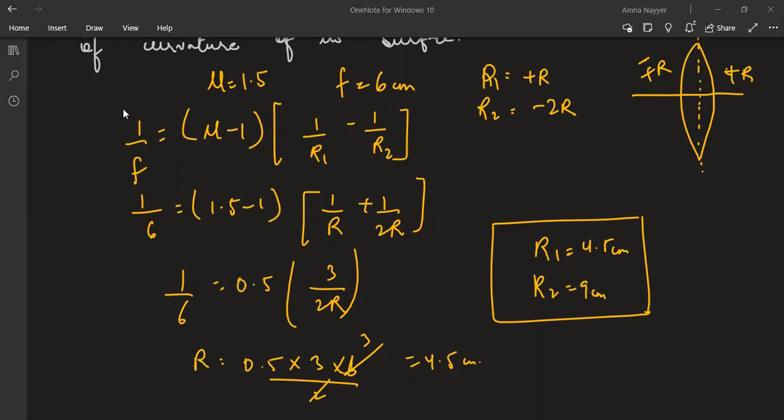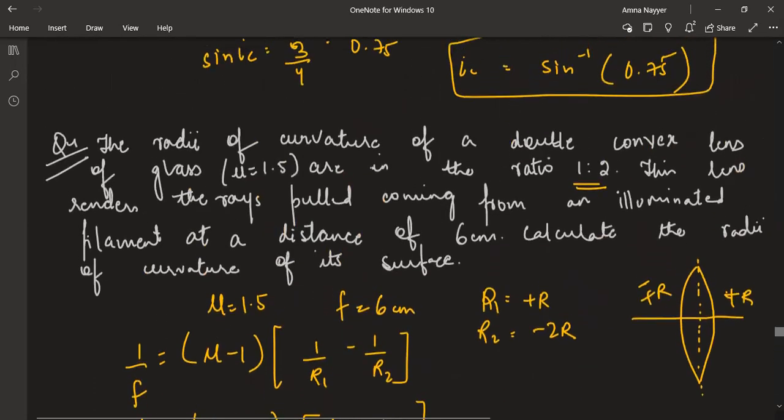Ma'am, can you explain why we took F as 6 centimeters? See, F as 6 centimeters we have taken because this is saying what? This lens renders the rays parallel coming from an illuminated filament at a distance of 6 centimeters.